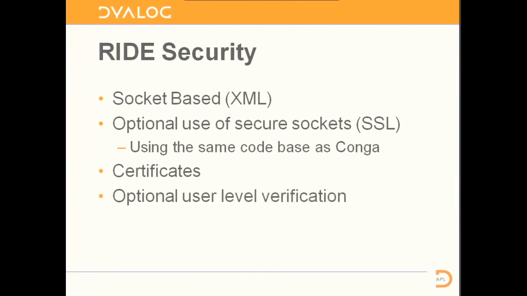It will allow us to use those certificates or other username password mechanisms to determine that RIDE is who they say they are, and to determine who is running the APL process, so that we can make sure that RIDE doesn't have the facility to arbitrarily connect to any process that's running on your machine.